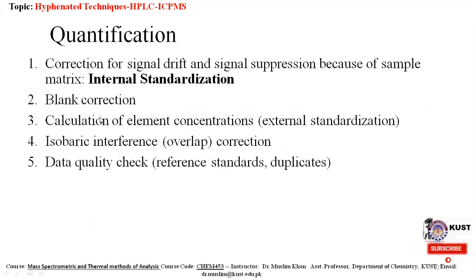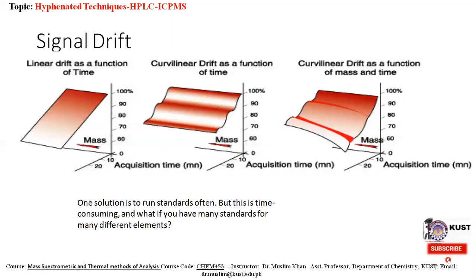Also, during the quantification, we are doing blank correction. We will also discuss what is blank correction and calculation of element concentration. External standardization is also used during that. Also, isobaric interference overlap corrections and also data quality check, reference standard and duplicates, triplicates, etc.